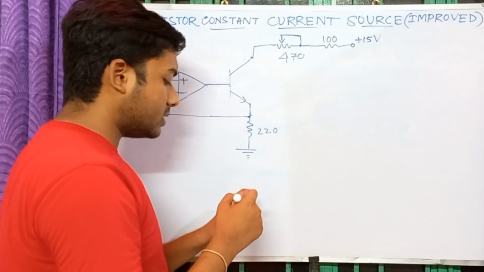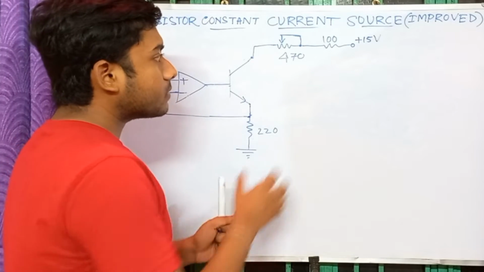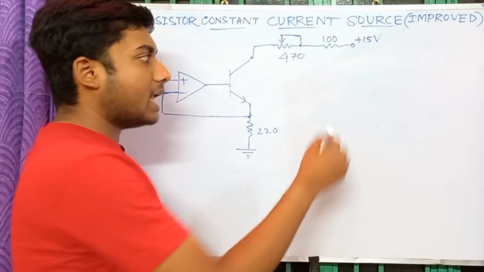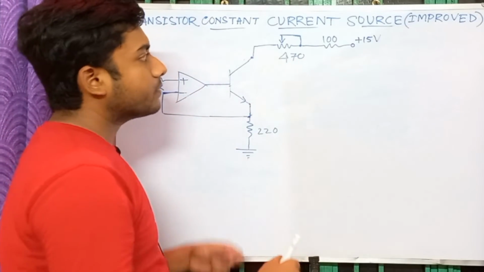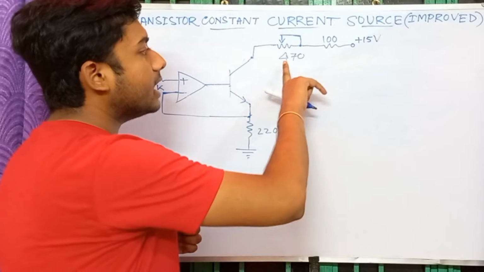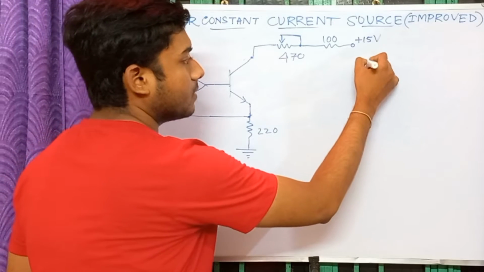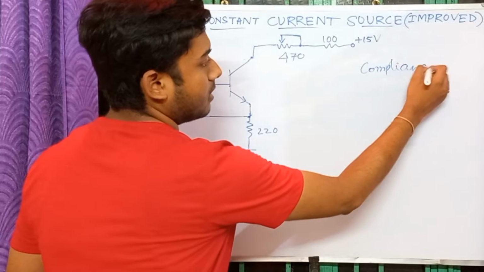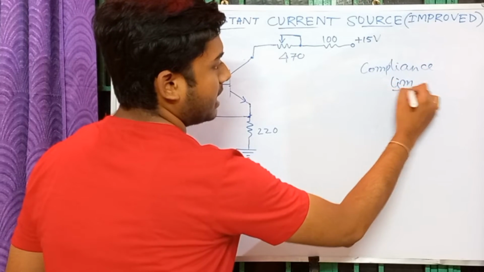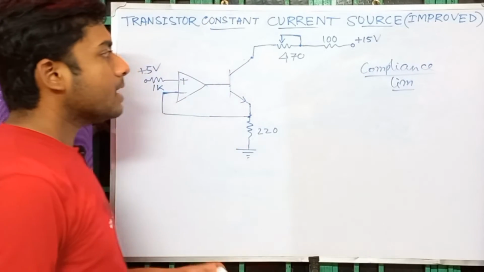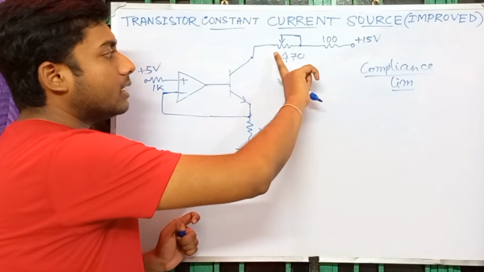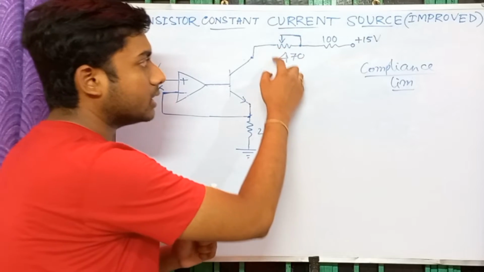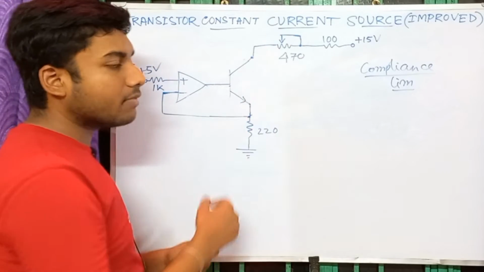The drawback was, whenever the transistor is in the compliance limit, that is the active region, then even within the compliance limit, whenever the resistance was changing its value, this was a variable resistance.